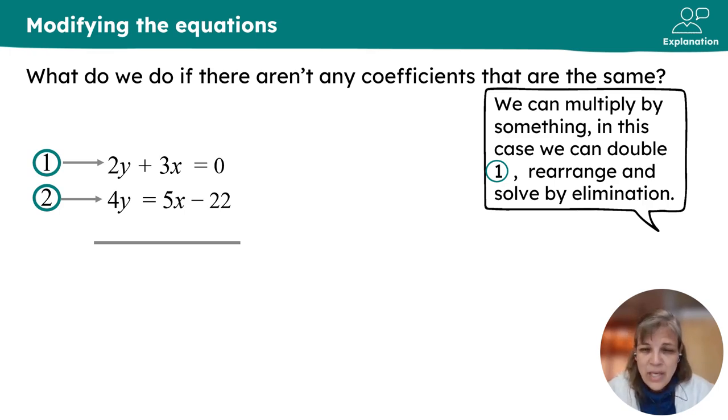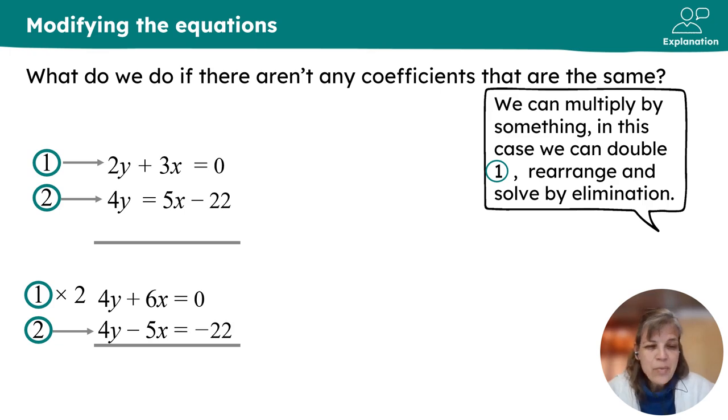In this case, we can multiply by 2. We can double equation number 1, and then it will end up having 4y's. We will rearrange it, and then we'll solve it by elimination. So if you multiply equation 1 by 2, you will end up getting 4y plus 6x is equal to 0.